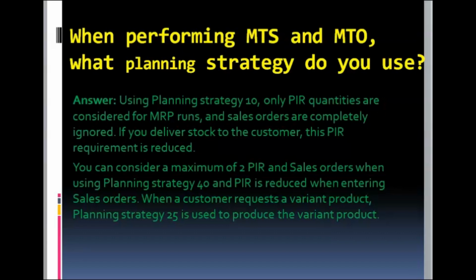You can consider a maximum of 2 PIR and sales orders when using planning strategy 40, and PIR is reduced when entering sales orders. When a customer requires a variant product, planning strategy 25 is used to produce the variant product.